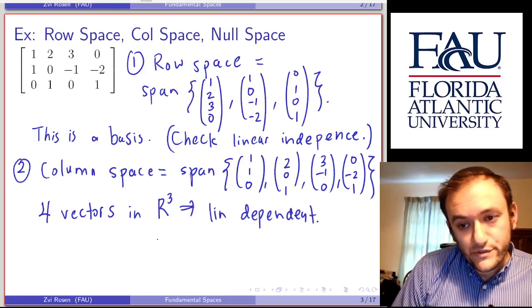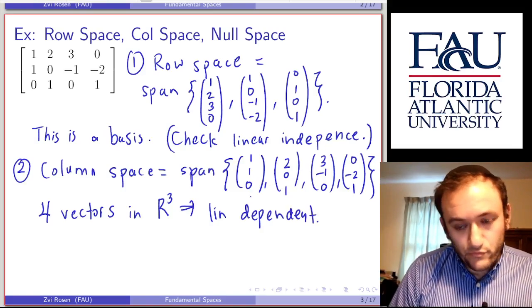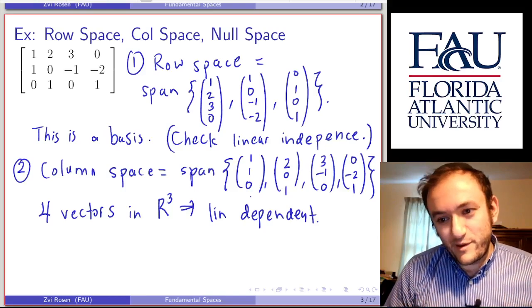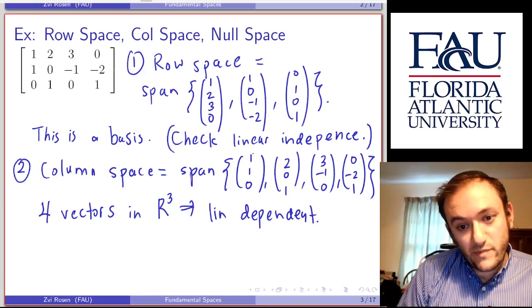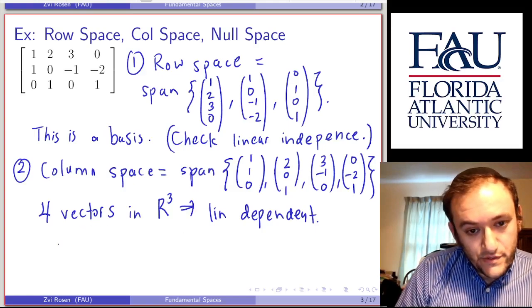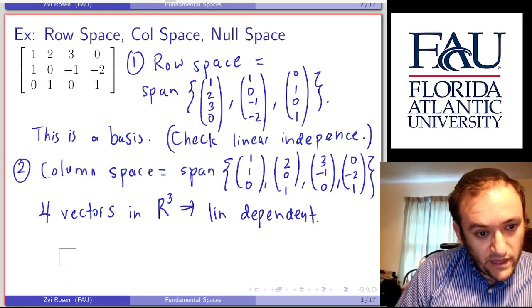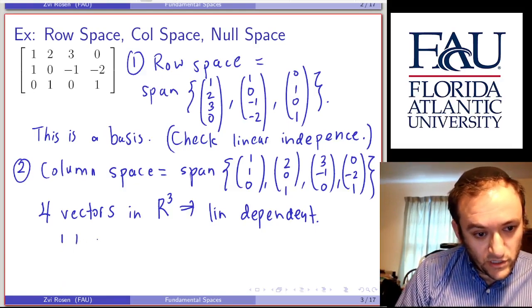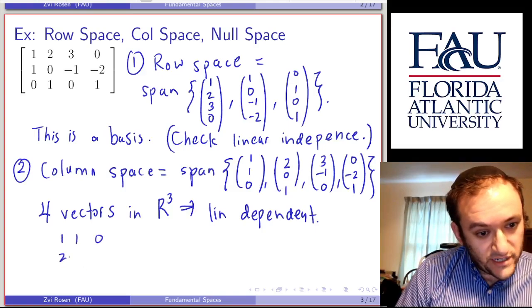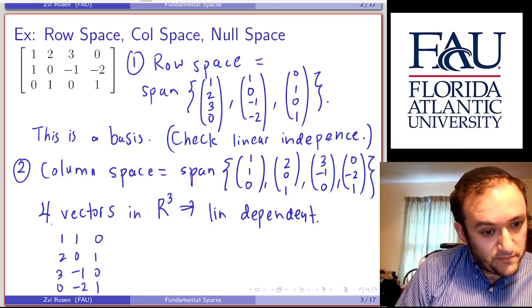So what we can do is a little bit of row reduction or column reduction, to see which vectors are in spans of the others. Because we're more comfortable with row reduction, I'll put it that way. So this will look like the transpose of our original matrix: (1, 1, 0), (2, 0, 1), (3, -1, 0), (0, -2, 1).